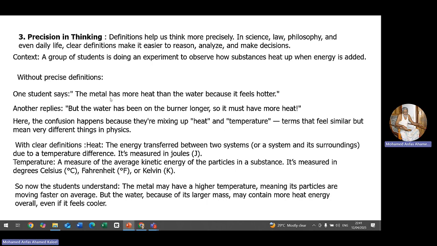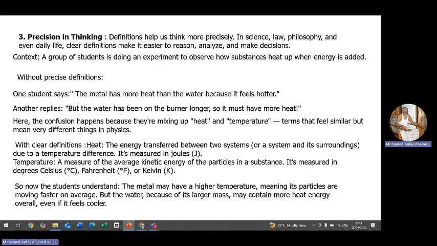Another replies, but the water has been on the burner longer, so it must have more heat. It's a problem now.